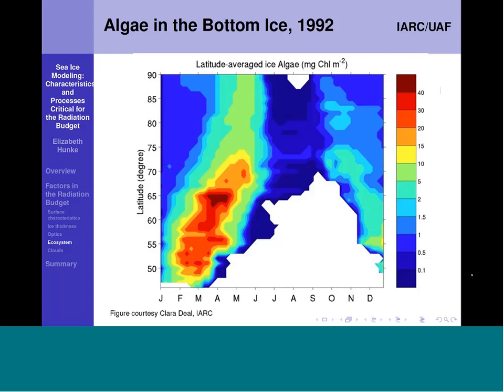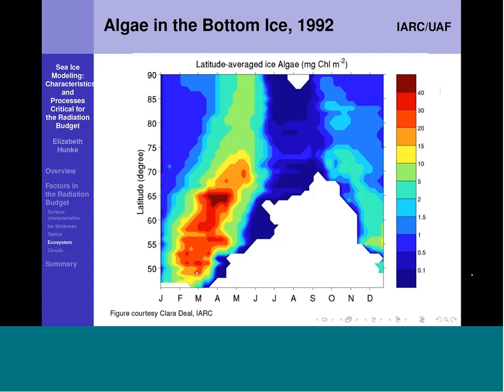This figure shows the progression of an algal bloom in the bottom of the ice in the Arctic. On the x-axis are the months, January through December, and the y-axis is latitude. So the bloom begins at lower latitudes in the late winter where there is some light, and it progresses northward with the sun.